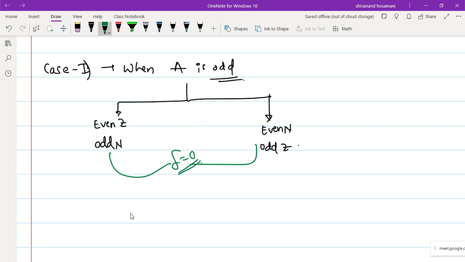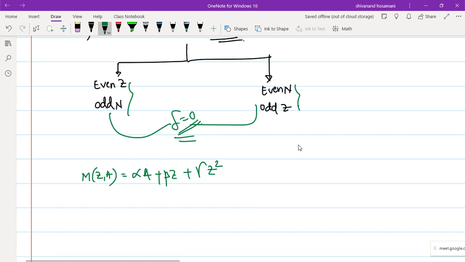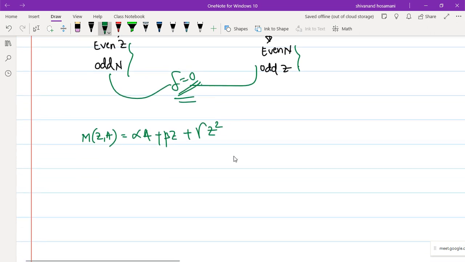What is the expression for the mass? That is the mass of the nuclei in terms of alpha, beta, gamma: alpha times A plus beta times Z plus gamma times Z square. So delta is 0 for these types of nuclei, even Z odd N, even N odd Z. If you plot the graph, if delta is plus or minus, a finite value, then we get a double parabola.